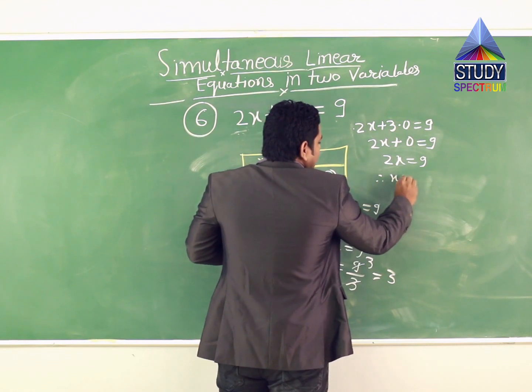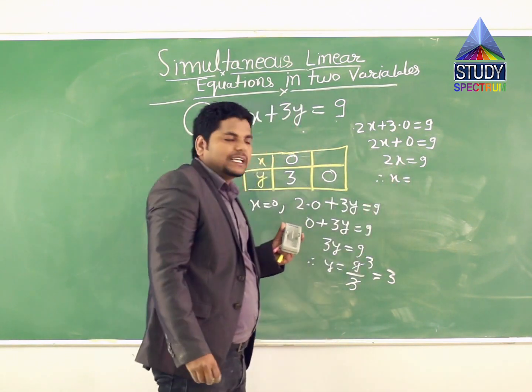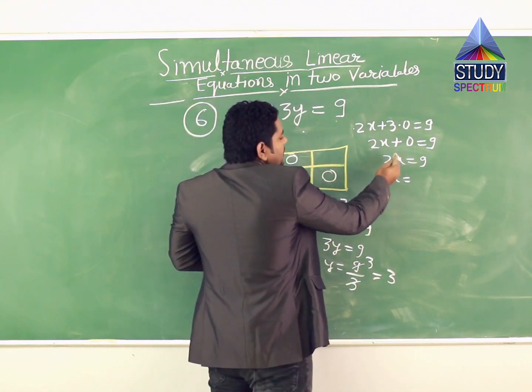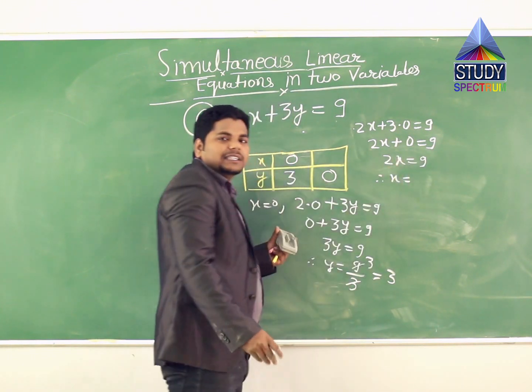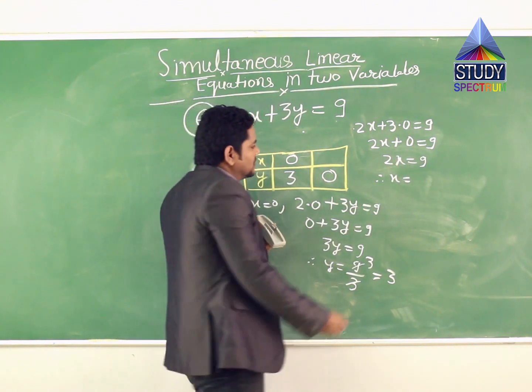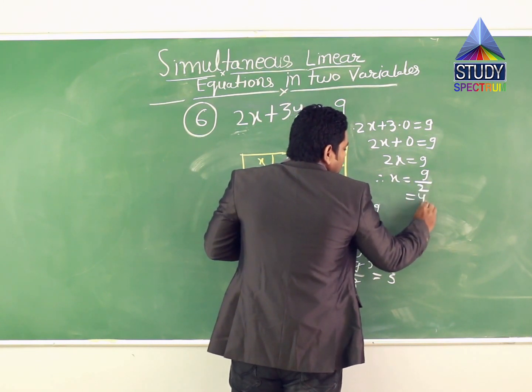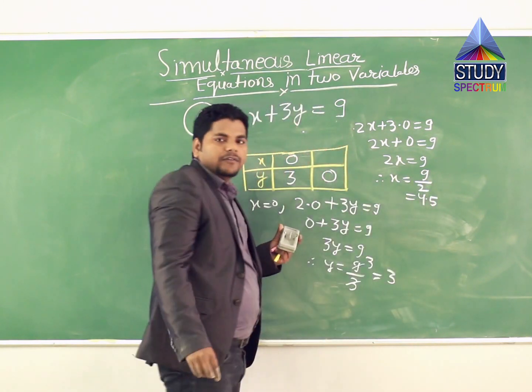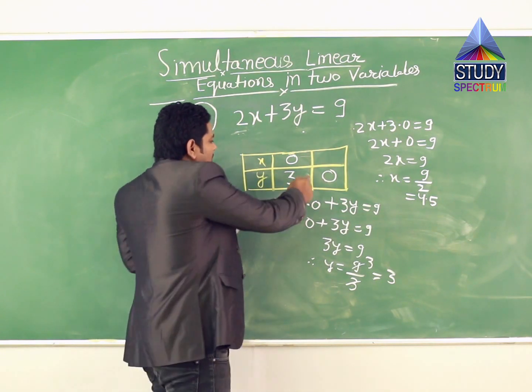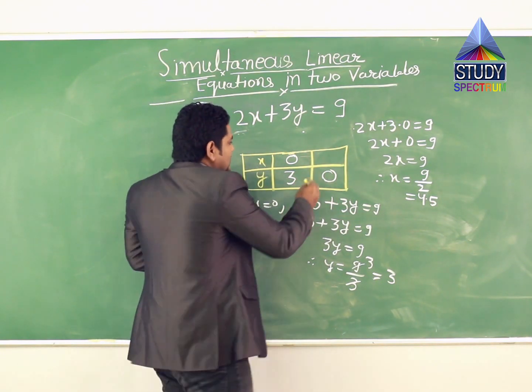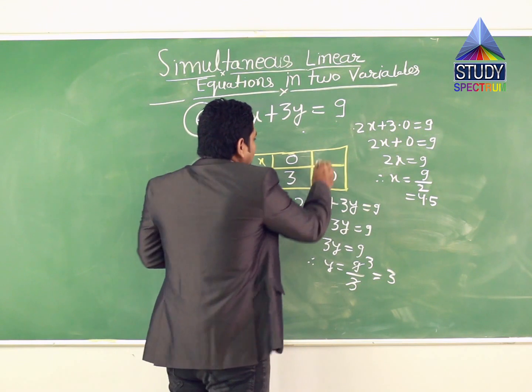So x equals, here 2 is multiplied with x, when we take it to the other side it will come in the denominator. So 9 by 2 is 4.5. So the second point, when y equal to 0, x is 4.5.